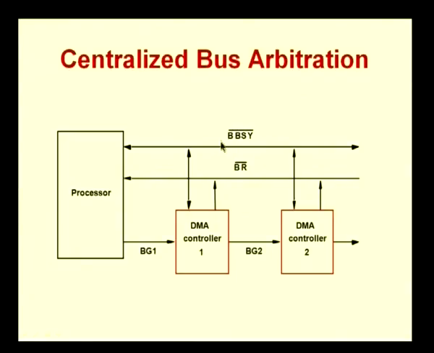This signal indicates whether the bus is currently free or whether some data transfer is taking place on it. When a data transfer is taking place, obviously the controller cannot use it, but once the data transfer is over, the busy signal will indicate that the bus has become free, and then the DMA controller can initiate its data transfer.